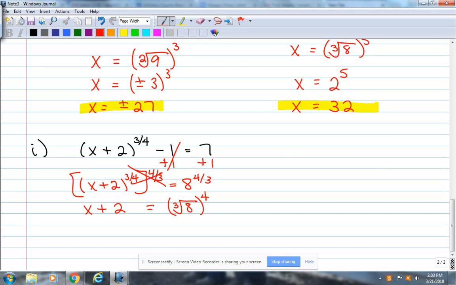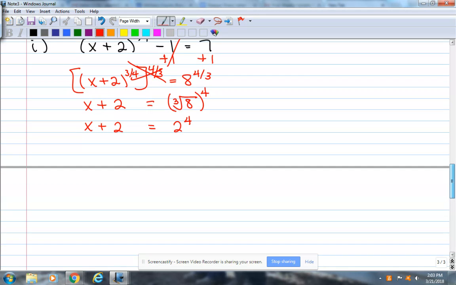If it makes you feel better, bottom, top, right? Because this is going to be on the bottom, that's on the top. All right, what is the cube root of 8? We just asked ourselves that a while ago. 2. 2 to the 4th power.